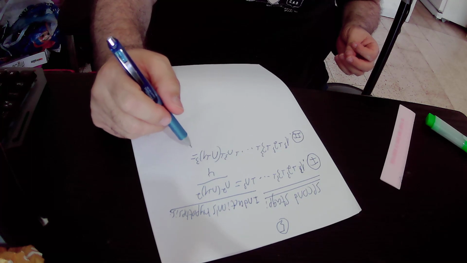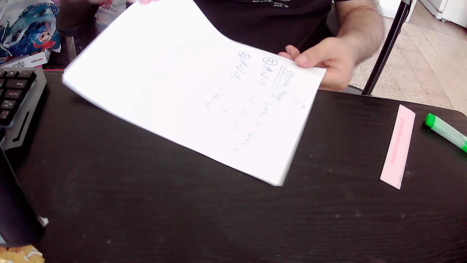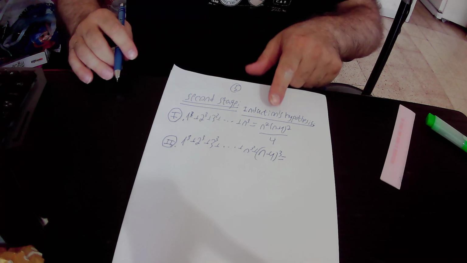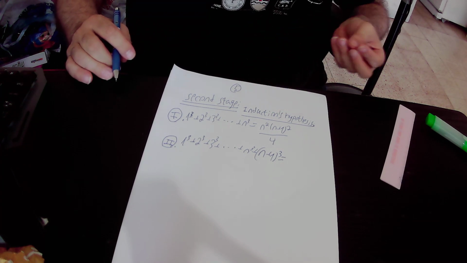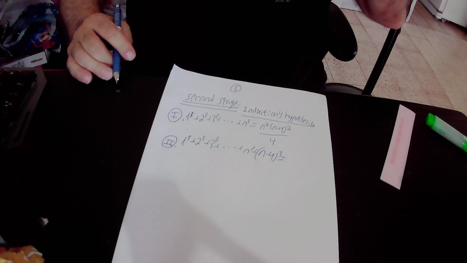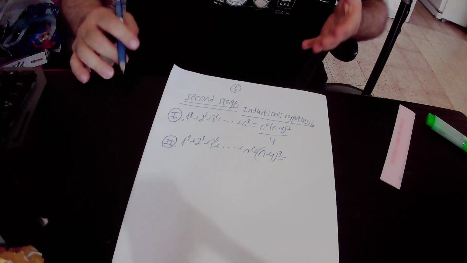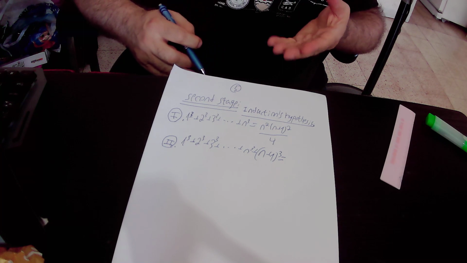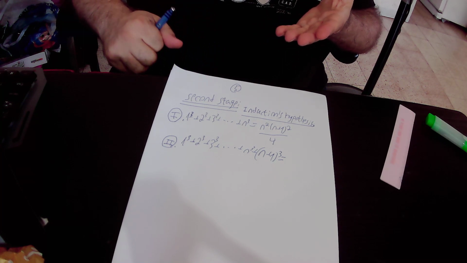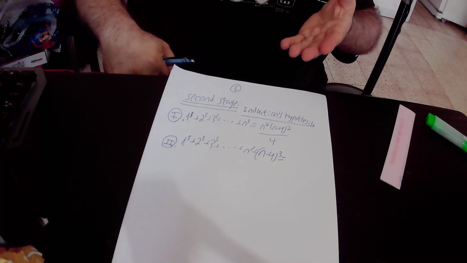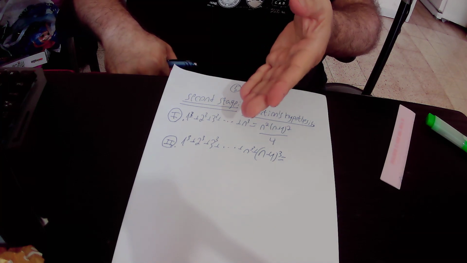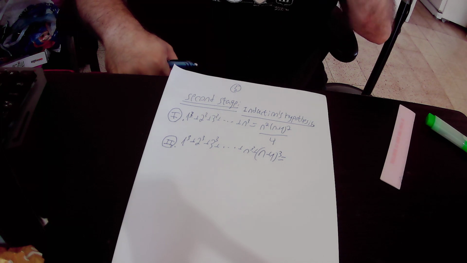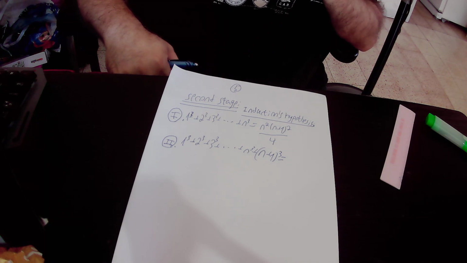All equals. Now here in the original statement we have n squared times n plus 1 squared divided by 4. So wherever we have n, we will substitute it by n plus 1, because the expression in the second equation is for n plus 1.